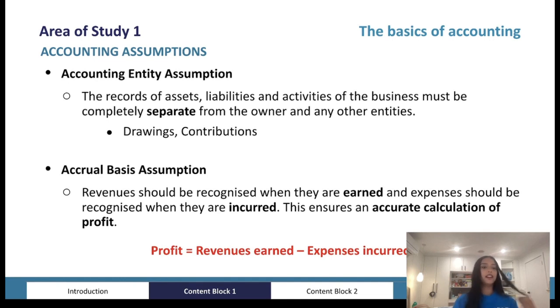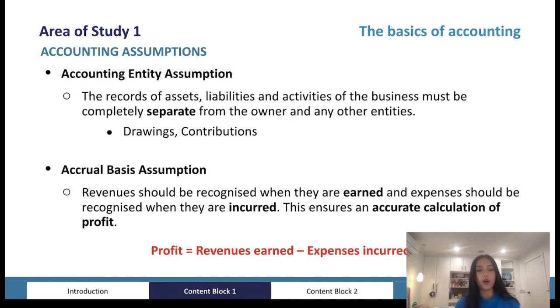So that sounds like a lot, but basically profit is the most accurate when it only includes revenues that have been earned. So this is only including revenues that have been earned, and it's not including revenues that have been paid but not earned, and it is including revenues that have been earned but not yet paid. So we're ignoring when the cash is received for the revenues.